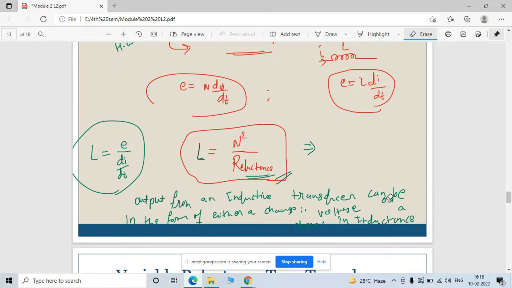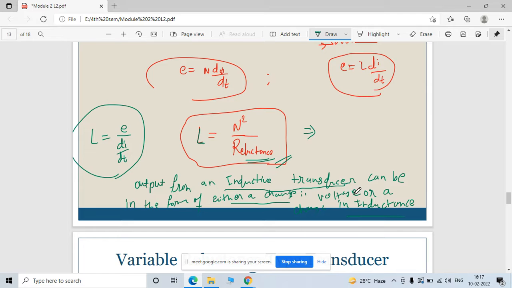This is the conclusion when you put these equations in this relation. So by these two ways you can take your output.